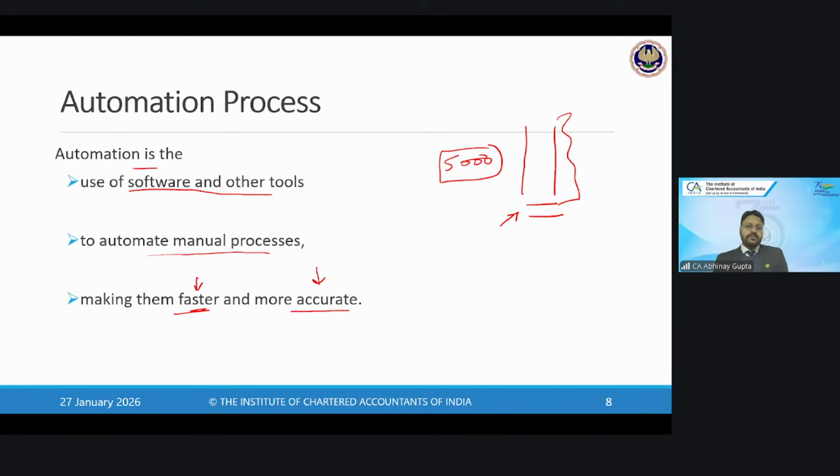Accordingly we prepare the bank reconciliation and take the necessary steps. Or it could be customer ledger reconciliations, supplier ledger reconciliations, all that stuff. Now with automation, all these reconciliations can be managed by the system itself. It will give you the exception report for you to approve, and once you approve, it will take effect.